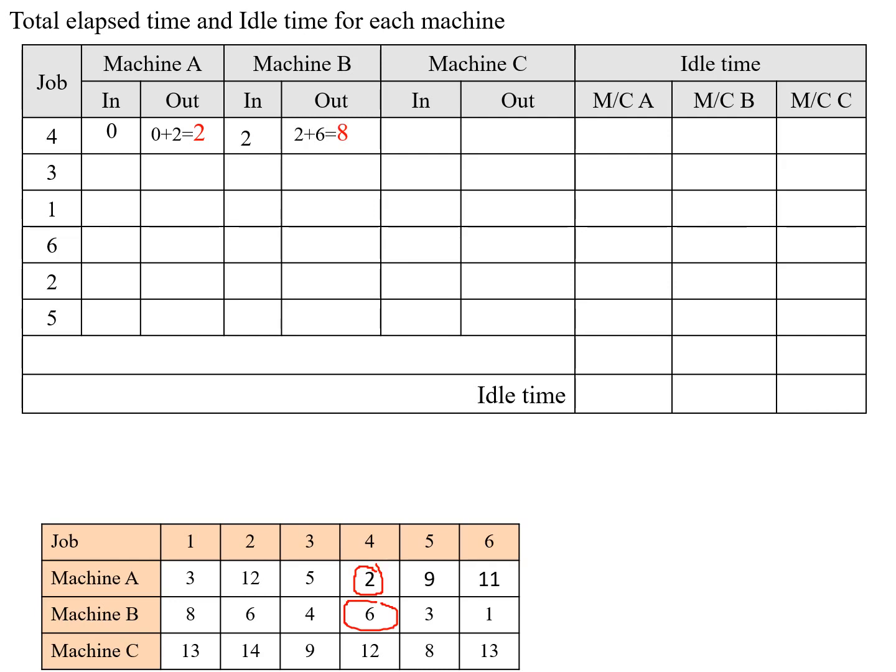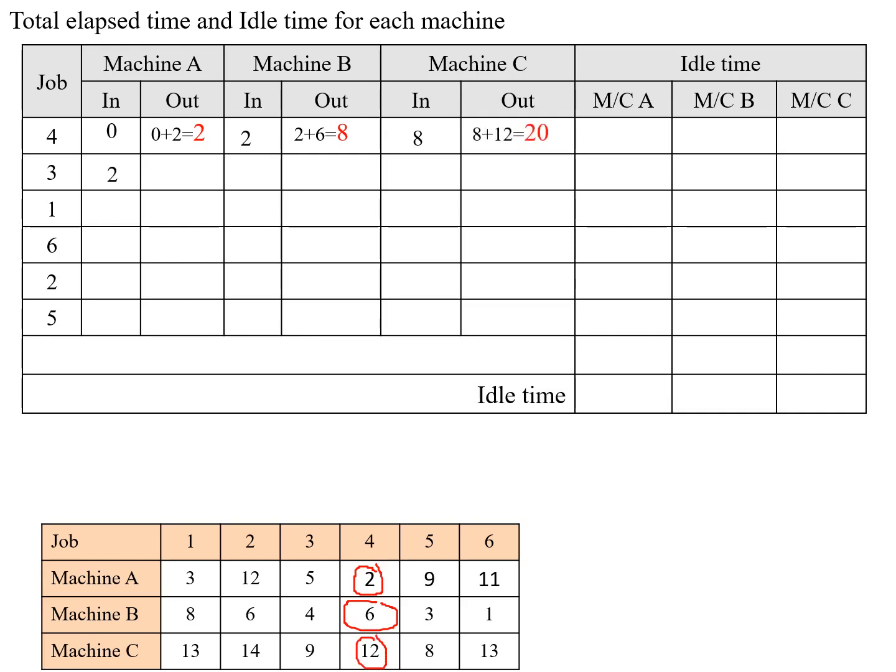Next we move to machine C. Here the in time is 8. After 8 hours only, job 4 will move to machine C. So the in time is 8, and the out time is 8 plus 12, that is 20.